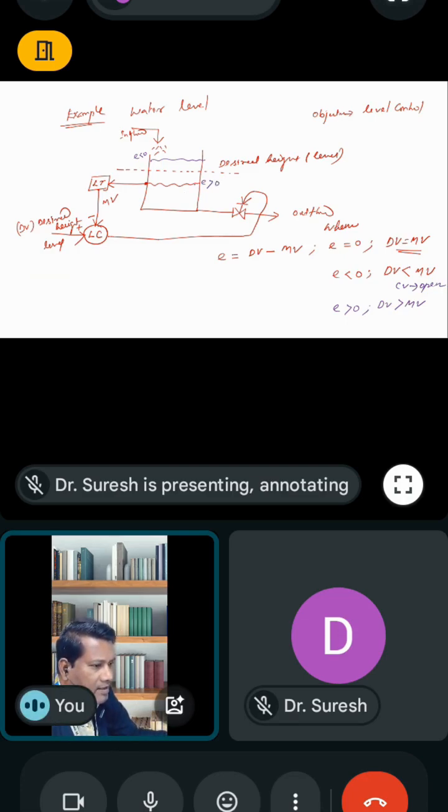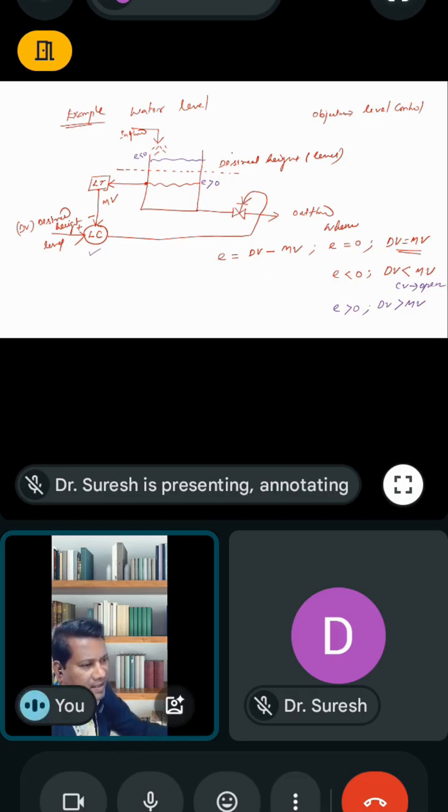In this case, the valve has to be closed to increase the height to the desired value. So by this action, the controller maintains the desired height of the tank.